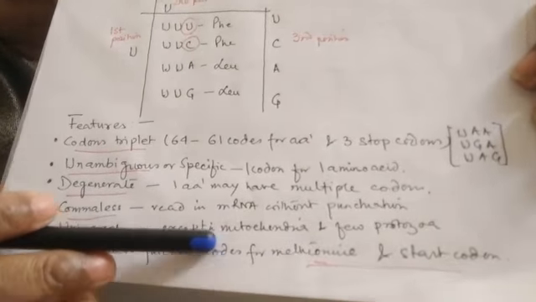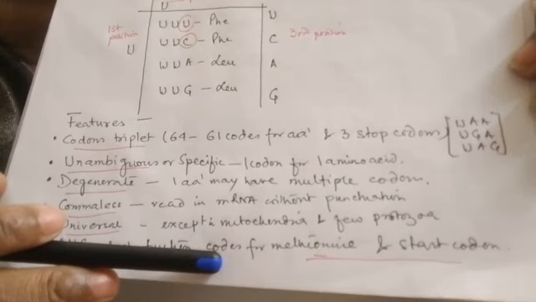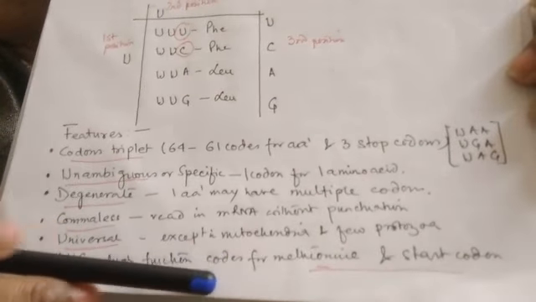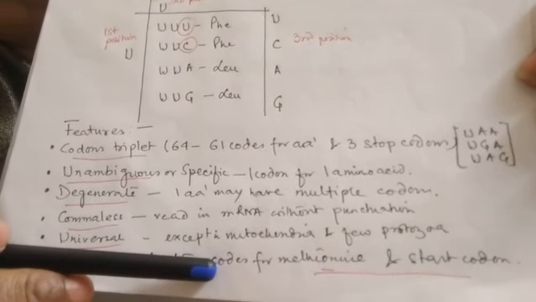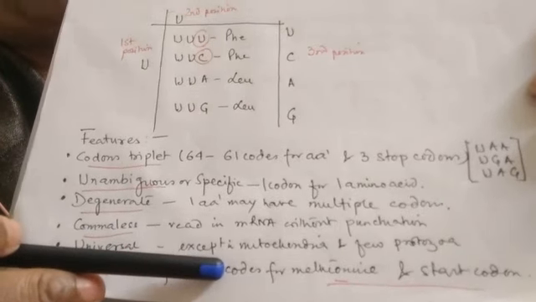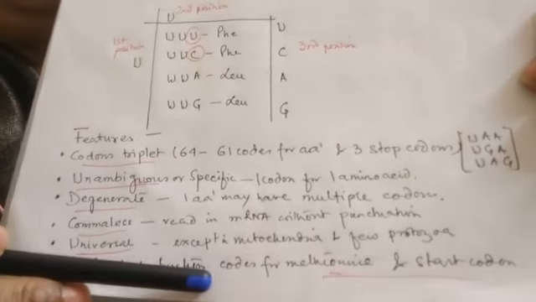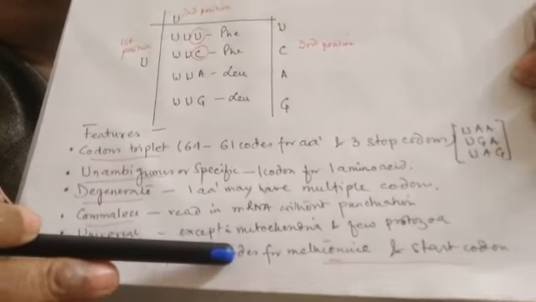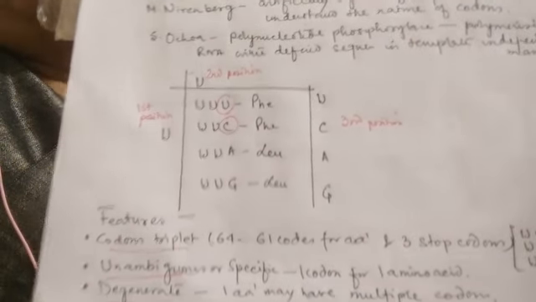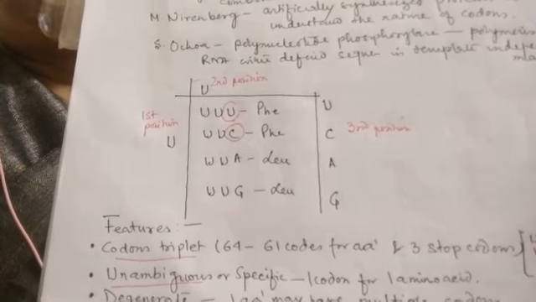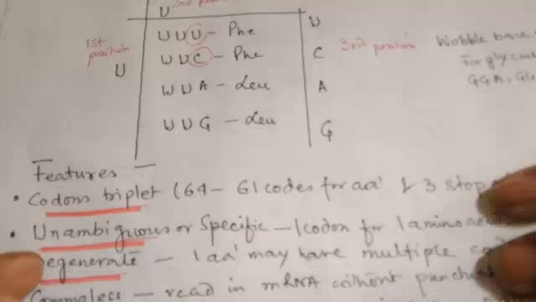It also codes for an amino acid called methionine. So AUG has a dual function: it acts as a start codon, and it codes for the amino acid methionine. So this is about the codon, which is very important for the next part of our discussion.